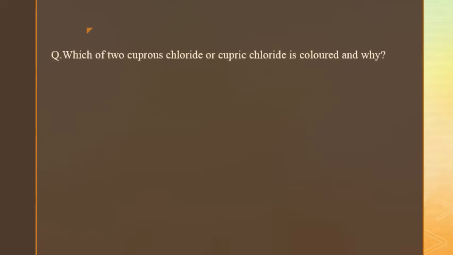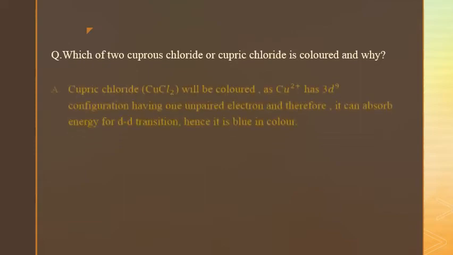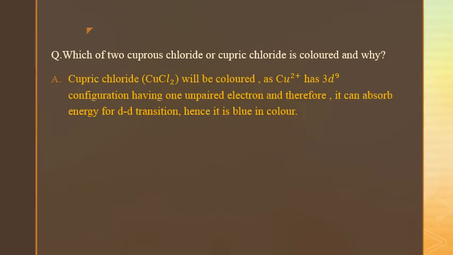Next question, which of two, cuprous chloride or cupric chloride, is colored and why? So the answer will be cupric chloride, CuCl2. Out of cuprous chloride and cupric chloride, cupric chloride CuCl2 will be colored in nature, as in CuCl2 copper has +2 oxidation state, Cu2+.